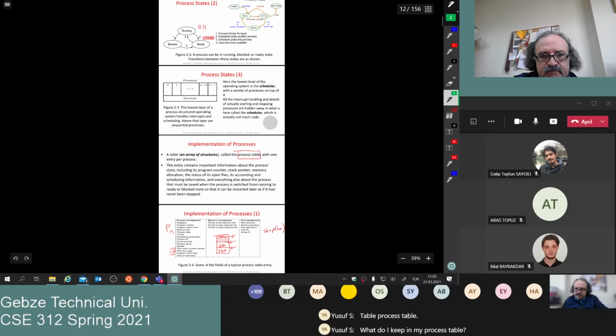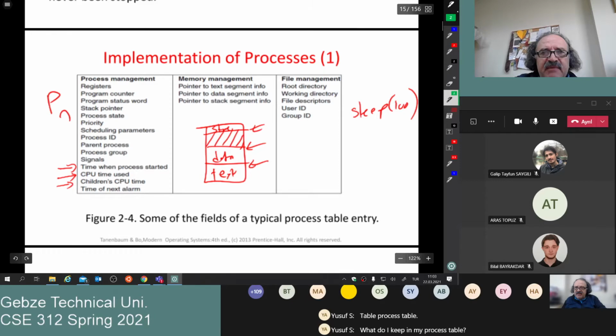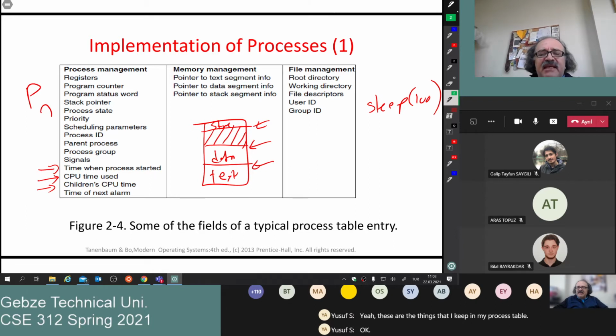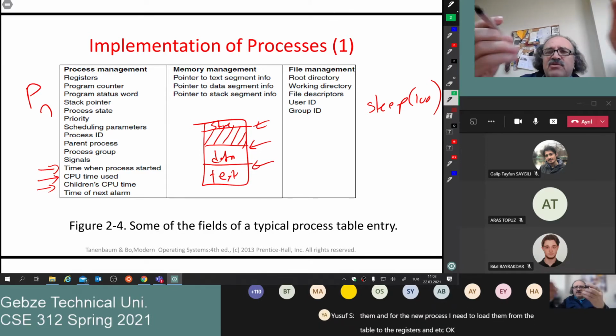These are the things that I keep in my process table. I have to keep this data in my process table because if I switch from one process to another process, I have to save them, and for the new process I need to load them from the table to the registers, etc. This is called resource grouping.